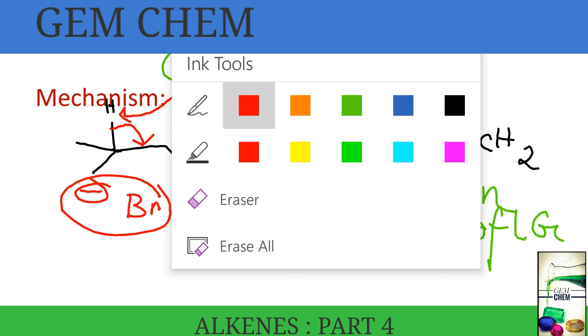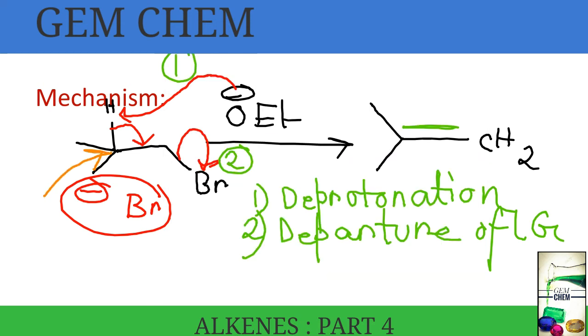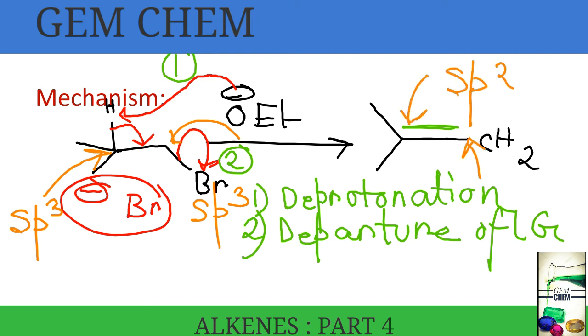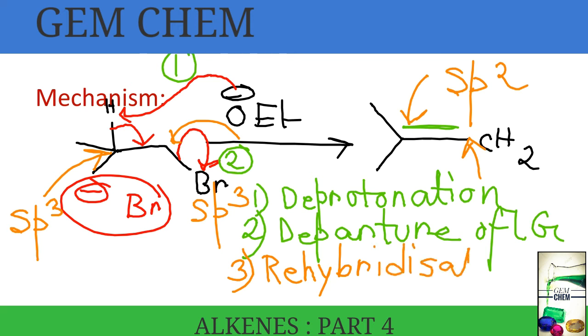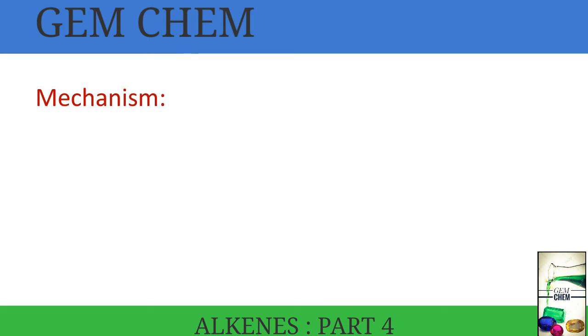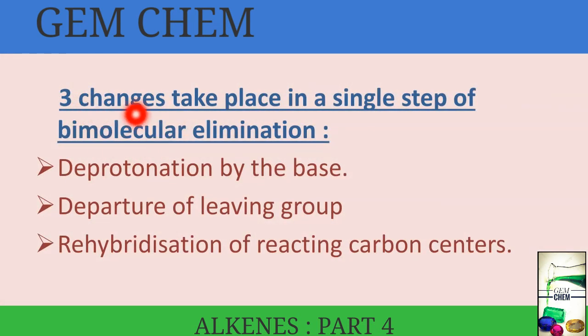Previously, this carbon and this carbon were both sp3 in hybridization, and now both these carbons are being converted into sp2 hybridization. So this rehybridization is important. We summarize the 3 changes which take place in a single step of a bimolecular elimination: deprotonation by the base, departure of the leaving group, and rehybridization of the reacting carbon centers.